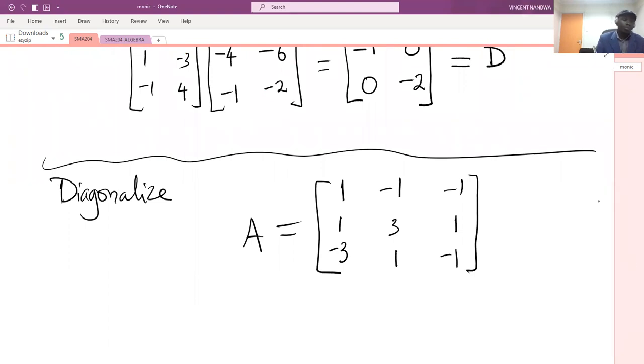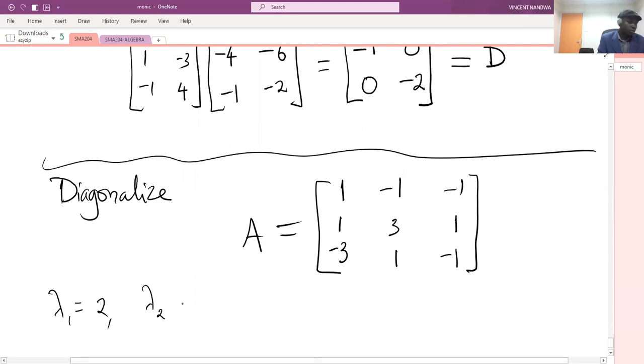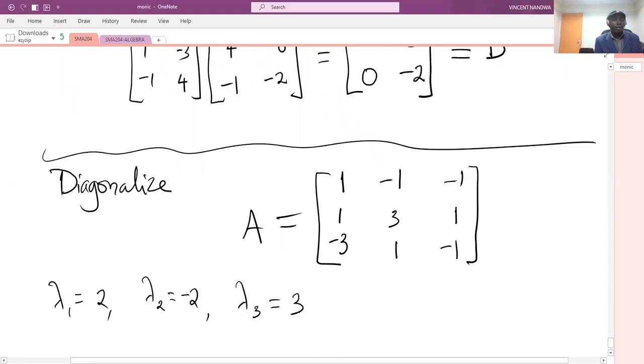If you work it out correctly, you'll find that the eigenvalues are lambda 1 equals 2, lambda 2 equals minus 2, and lambda 3 equals 3.